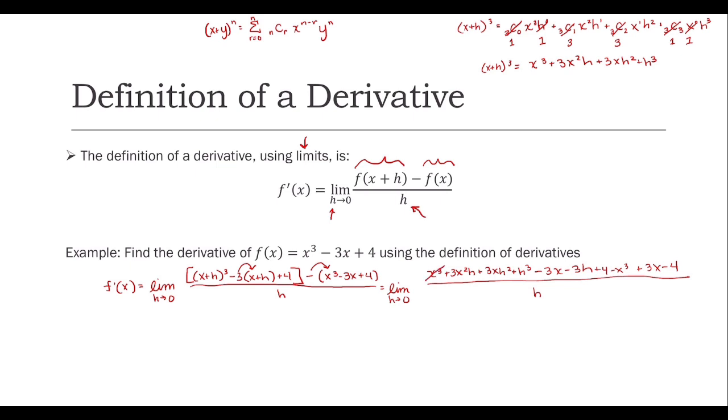So this x cubed minus x cubed will be 0. And then we have negative 3x and positive 3x, so that's 0. And plus 4 and minus 4, that's 0.